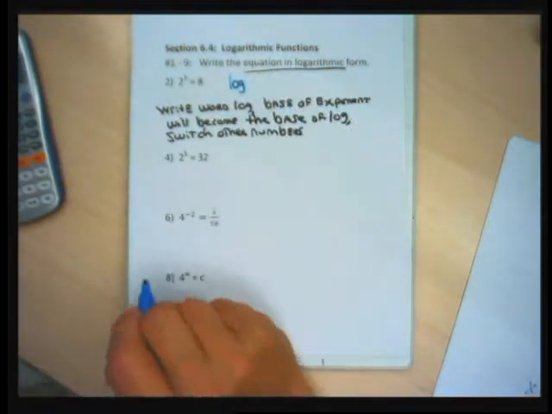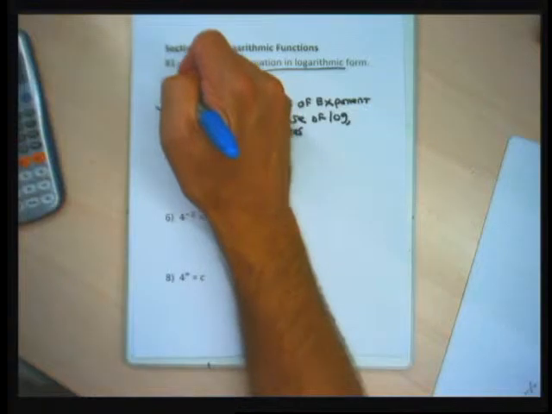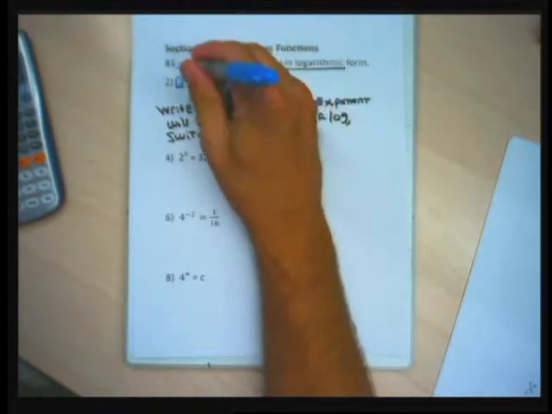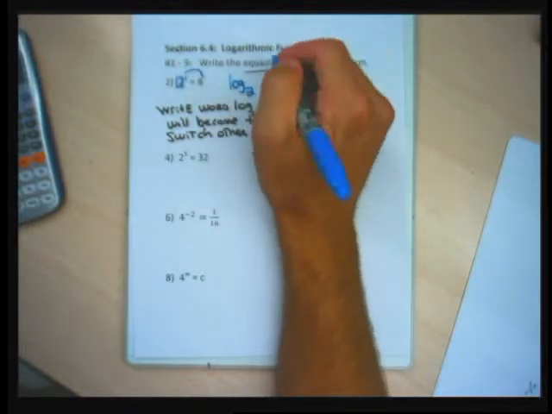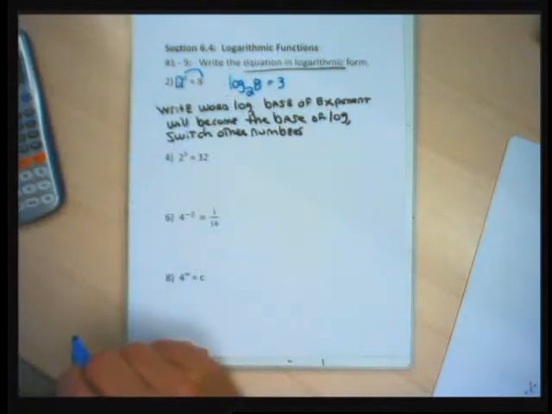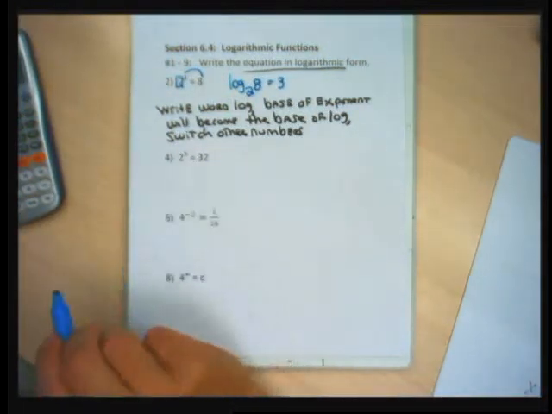Logarithm has a base and an argument. The base of the exponent is going to be the base of the logarithm. And now I'm going to switch the role of the 8 and the 3. I'm going to make the 8 the argument and the 3 freed up to the right of the equal sign. So they just kind of swap roles.